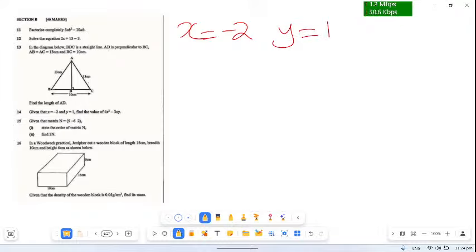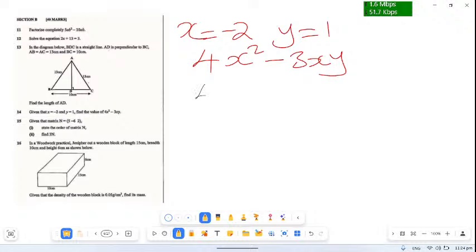Then the expression given is, find the value of 4x squared minus 3xy.